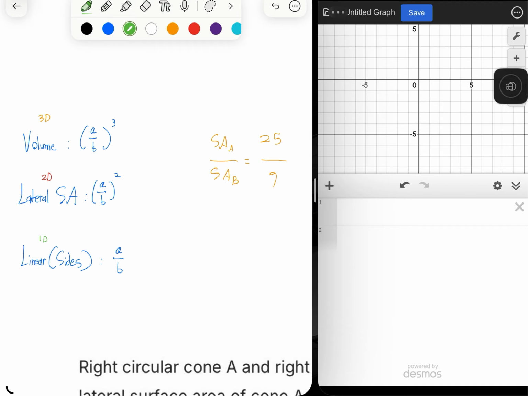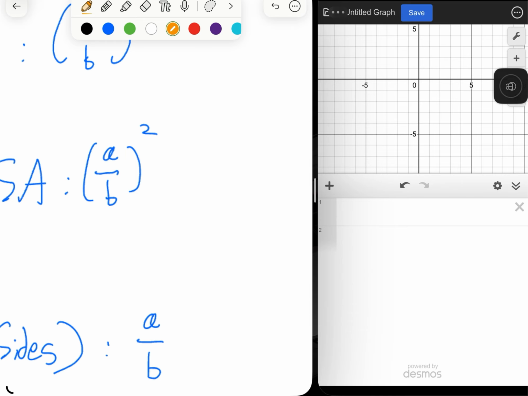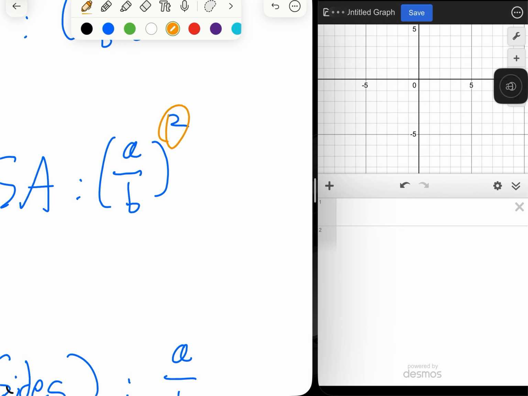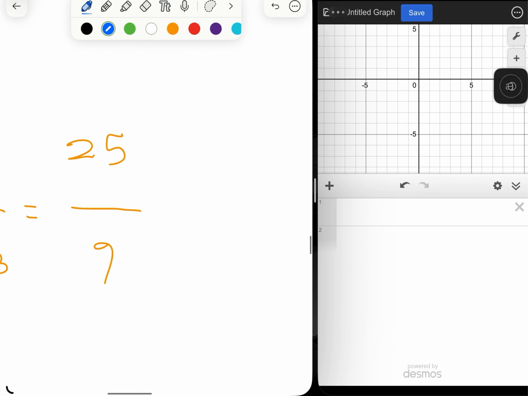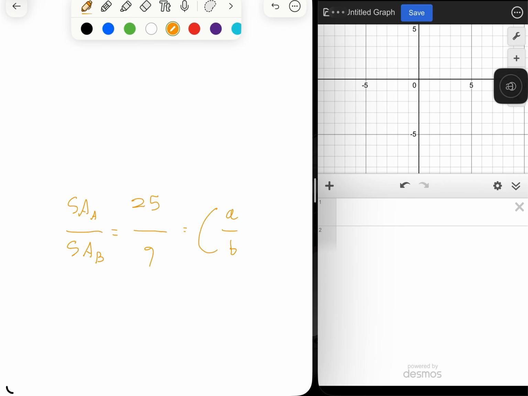To get this specific ratio cubed, we have to first find the basic linear side ratio. To do that, surface area is just that ratio squared, so you can say this is equal to A over B squared.